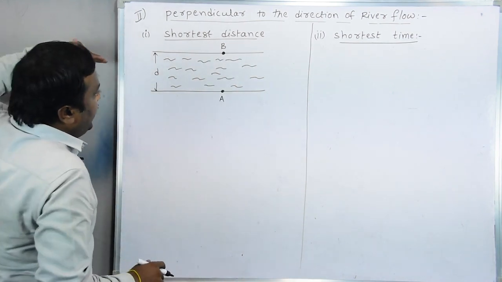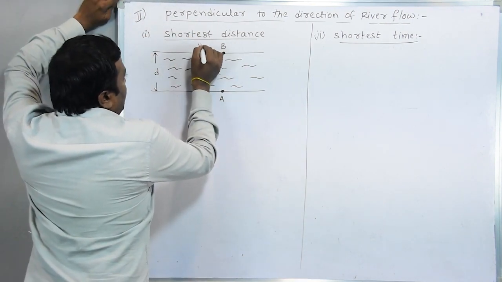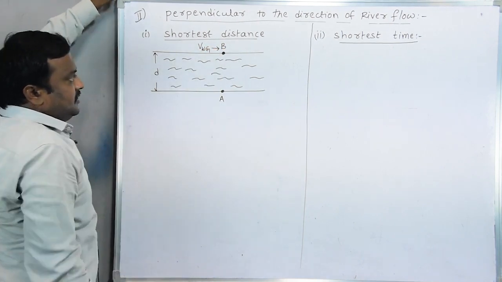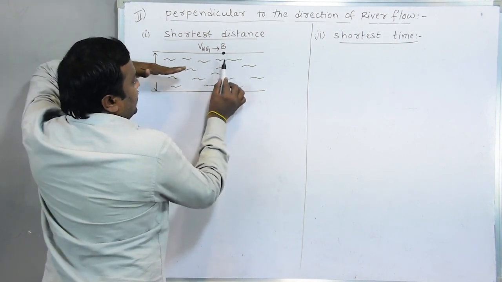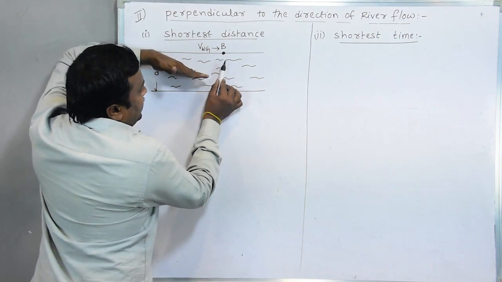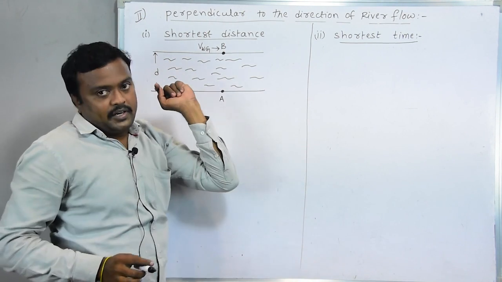Water is already flowing in this direction, which you consider as velocity of water with respect to ground. If the boat starts in this way, due to the flow of water it will turn like this and reach some other point, not the exact point.